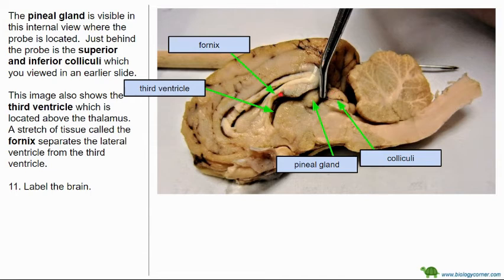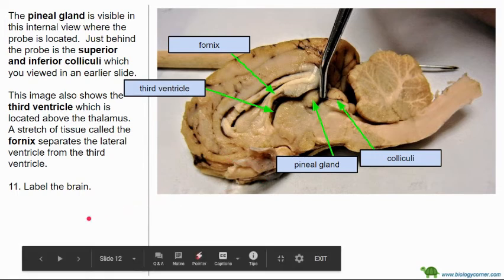And this also shows the third ventricle, which is another space, right above the thalamus. And then some tissue that's stretching right above that is the fornix. So you move the labels to indicate those.